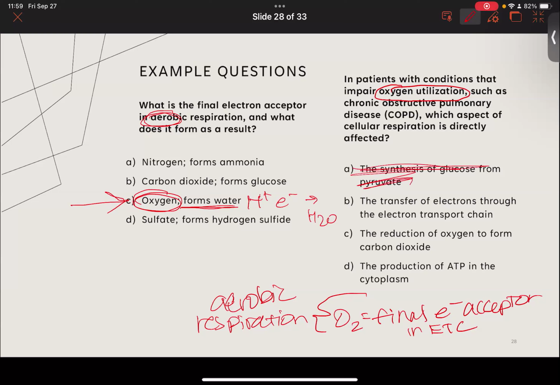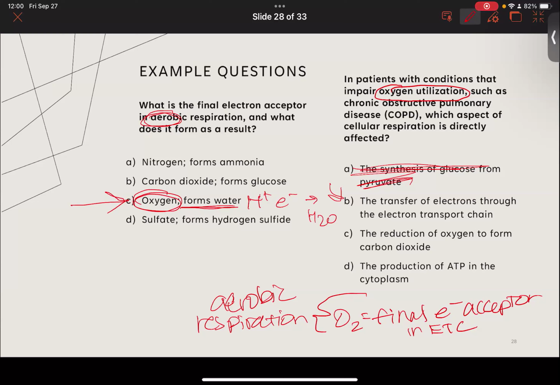Is it relating to the transfer of the electrons through the electron transport chain? We'll come back to that. Is it the reduction of oxygen? Okay, so what's reduction? Gaining electrons, okay, to form carbon dioxide. Or is it the production of ATP in the cytoplasm?